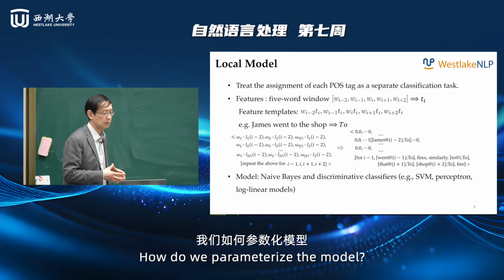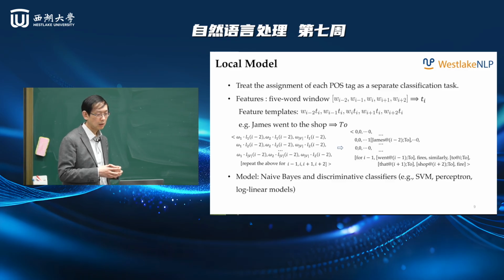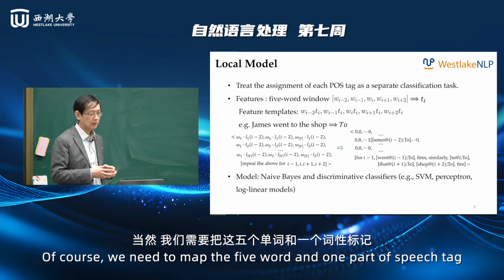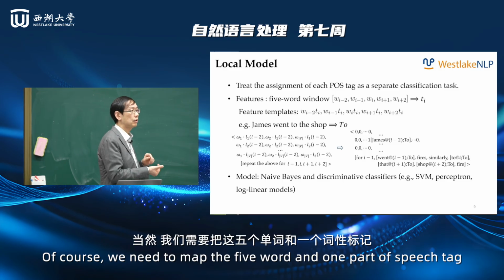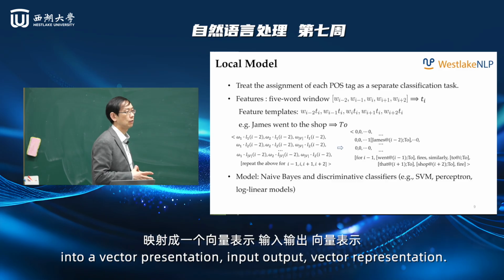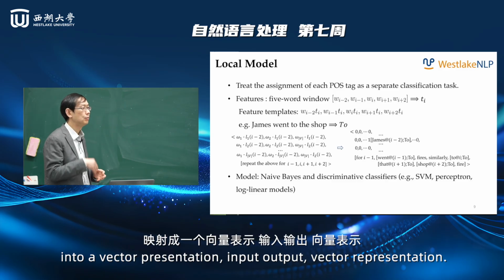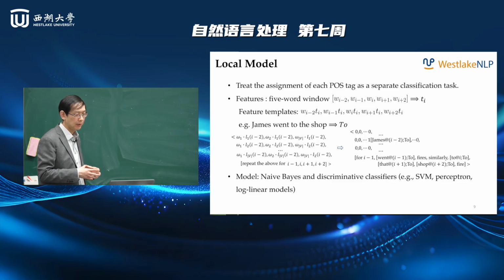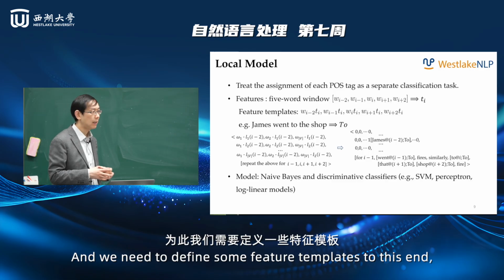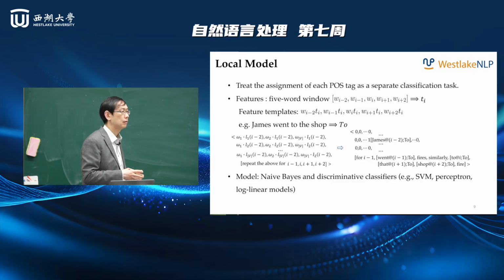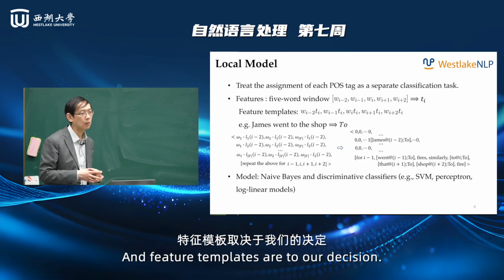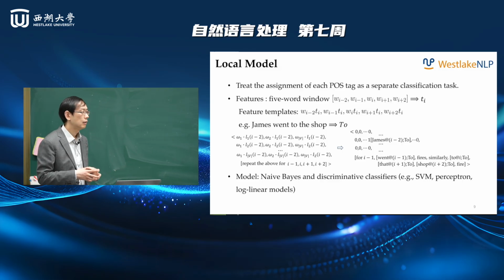How do we parameterize the model? Of course, we need to map the 5 words and 1 part of speech tag into a vector representation, an input-output vector representation. And we need to define some feature templates to this end. The feature templates are our decision.